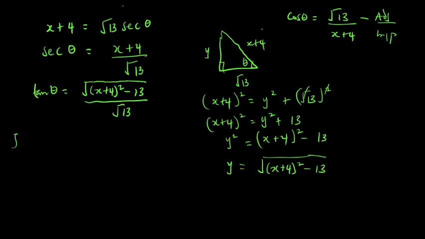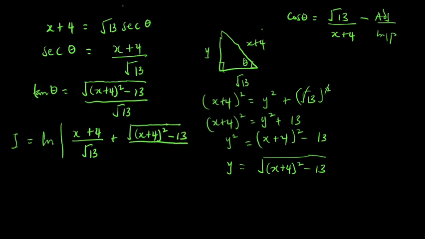So the value of our integral now is ln of sec theta, x plus 4 over the square root of 13, plus the square root of x plus 4 squared minus 13 over the square root of 13, plus c. This is the answer to our question.